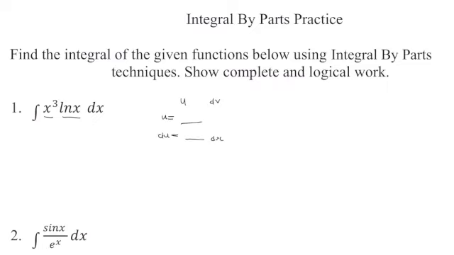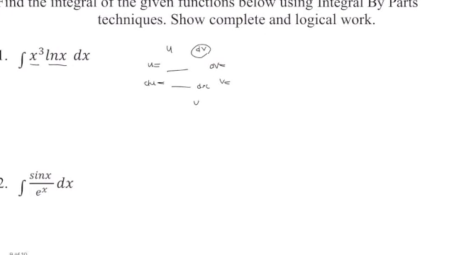And then dv, you set something as dv, and then you take the integral of it to get the v value. And then from here, you're going to do u times v minus the integral of v du. So this is the integral by parts formula.